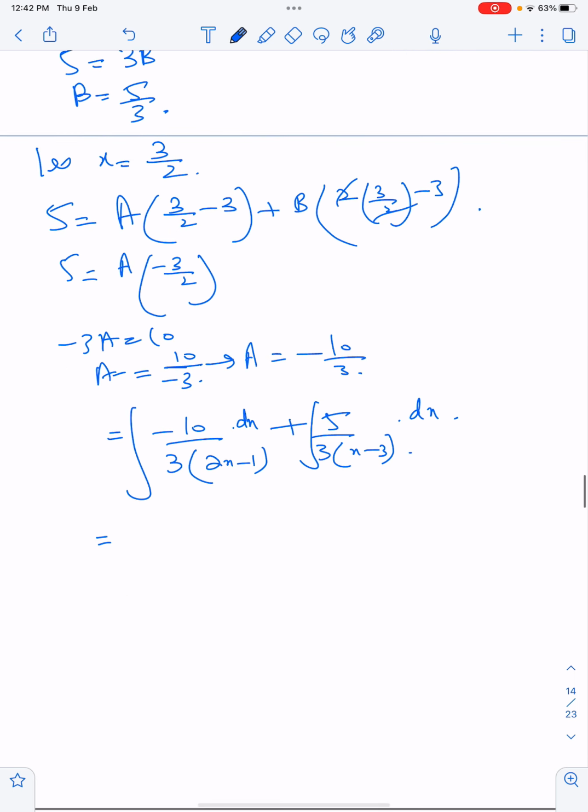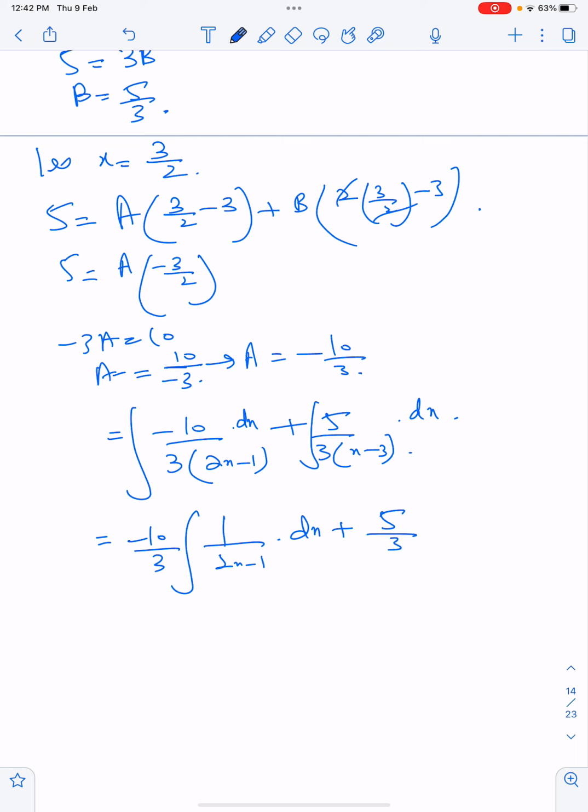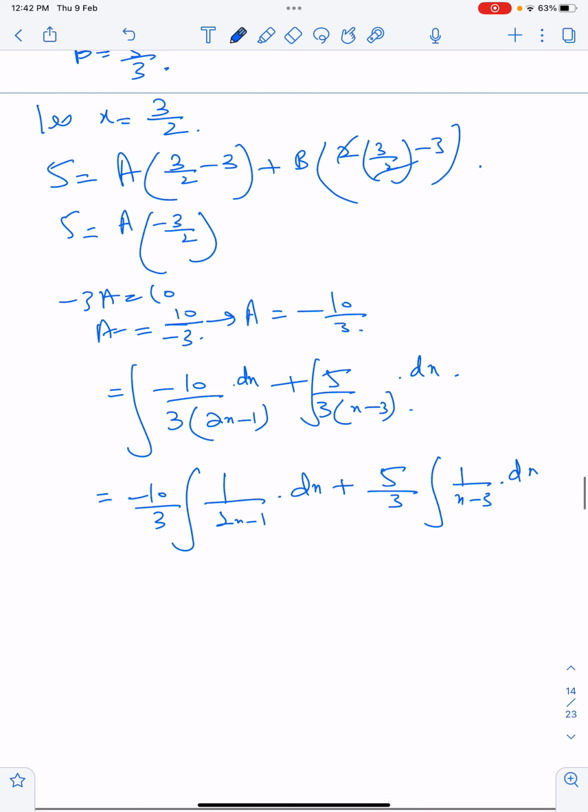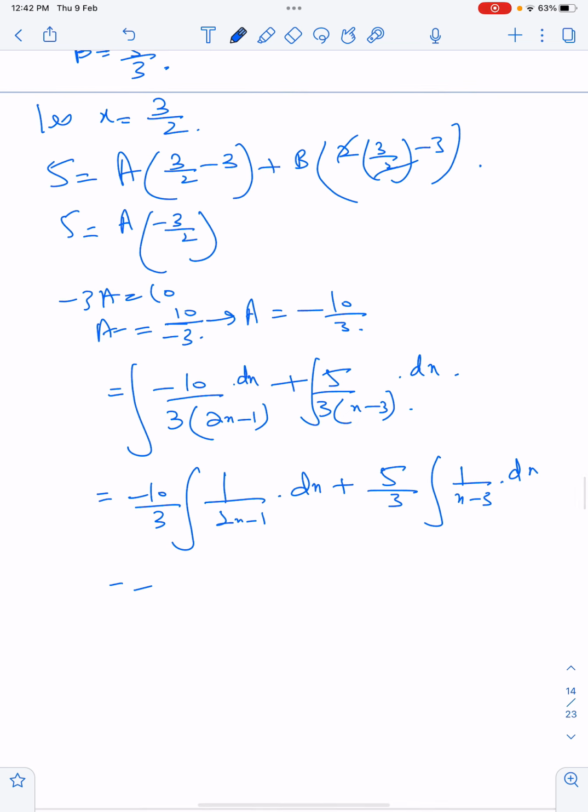I can take out the constant outside, leaving 1 upon 2x minus 1 dx, and the other constant as common, leaving 1 upon x minus 3 dx inside. Now, I should have a 2 here so that I can write ln|2x minus 1|.